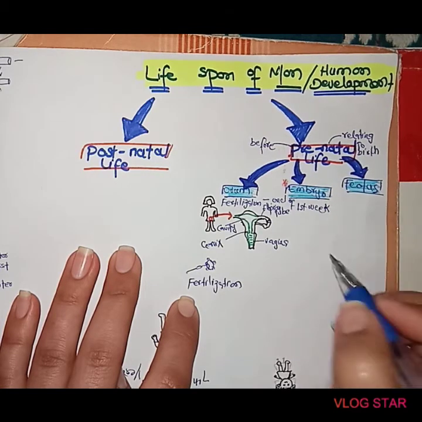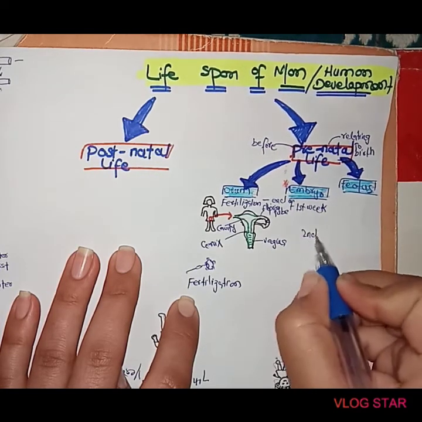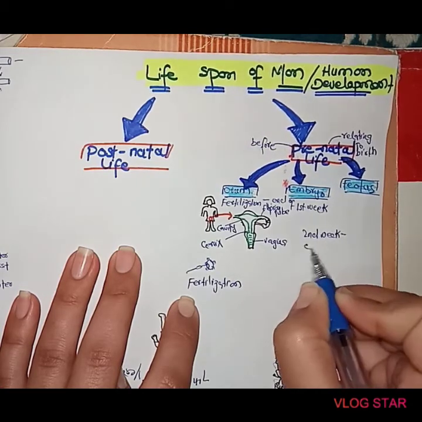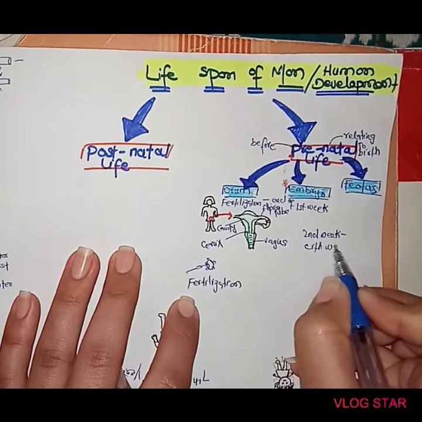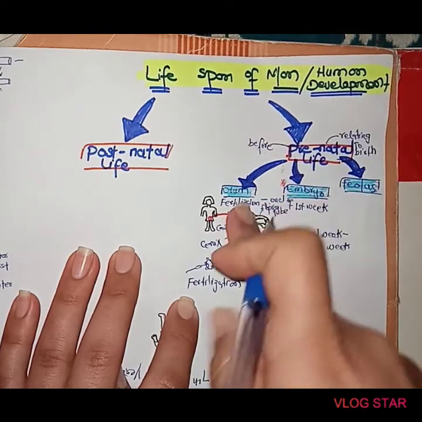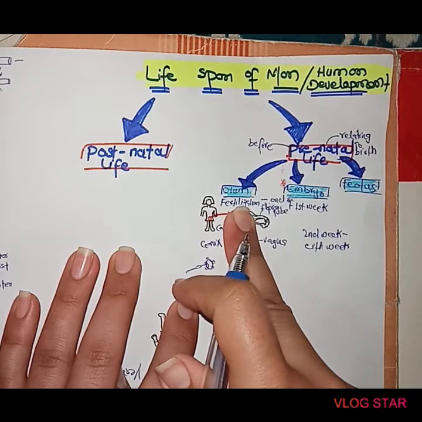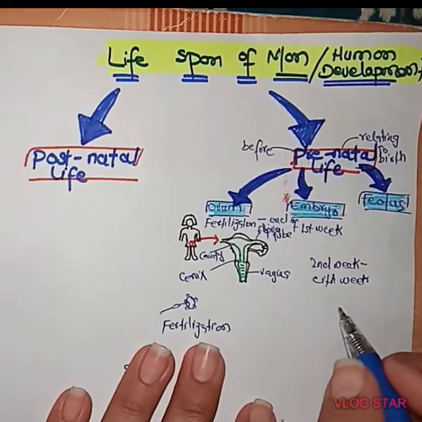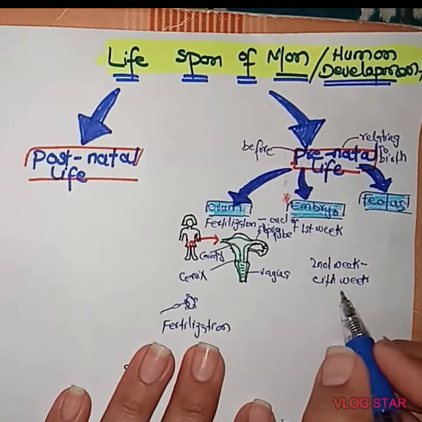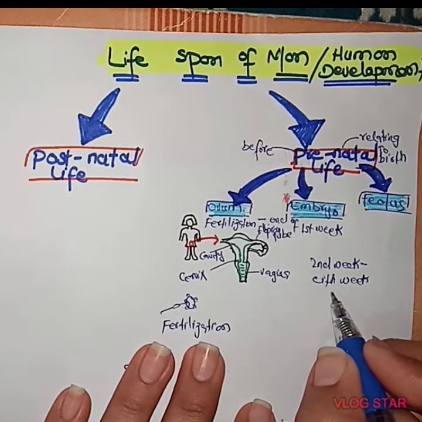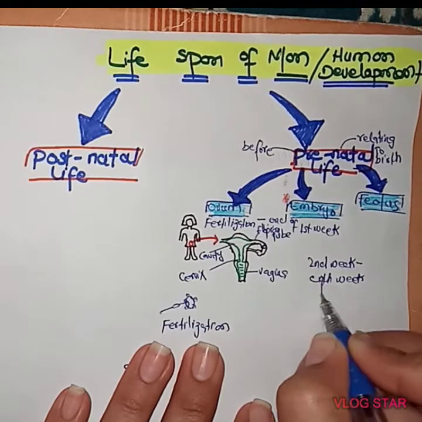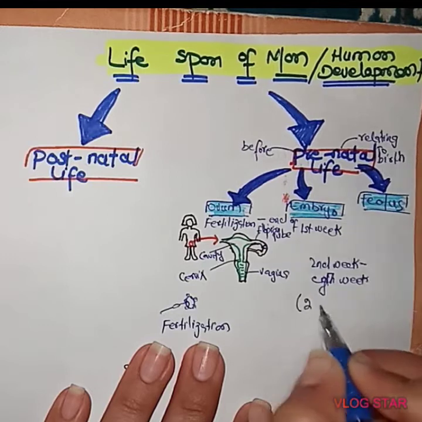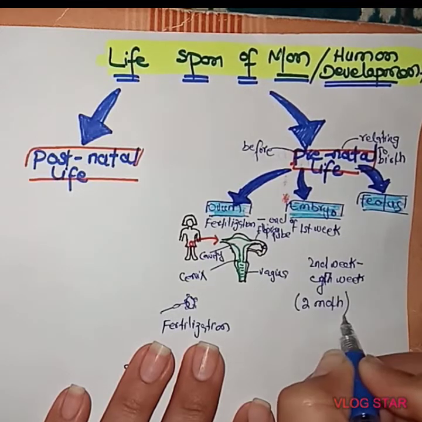Embryo is the period starting from the second week of pregnancy to the 8th week, and at this period the mother may not know that she is expecting. That is the first 2 months of pregnancy.